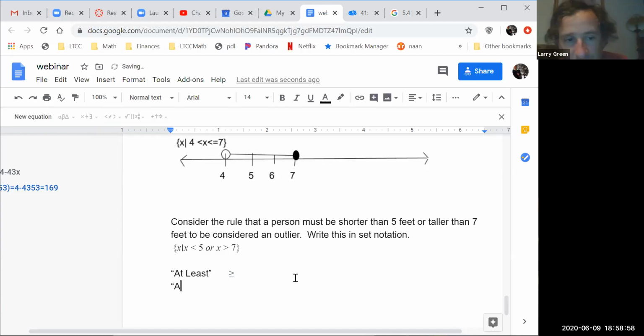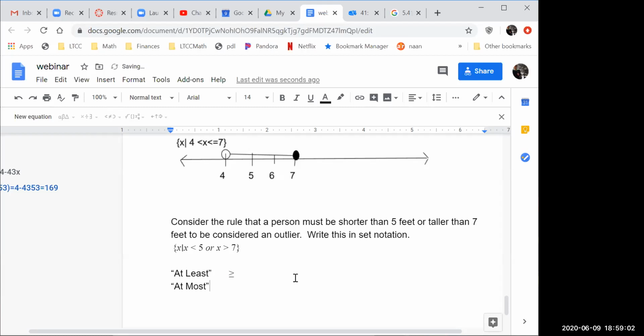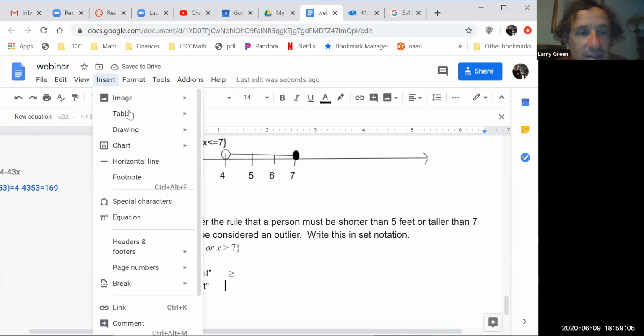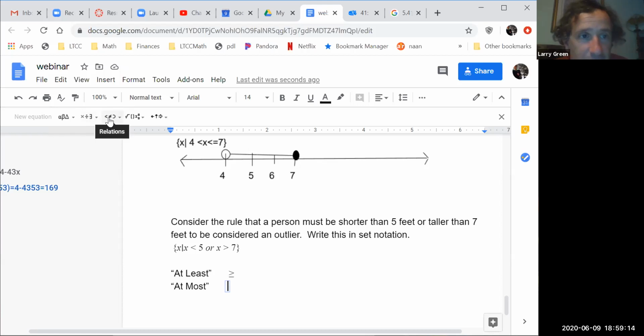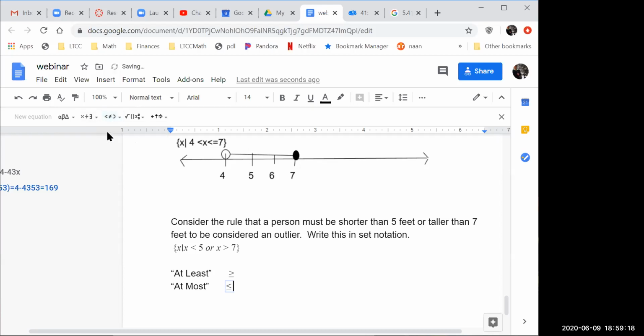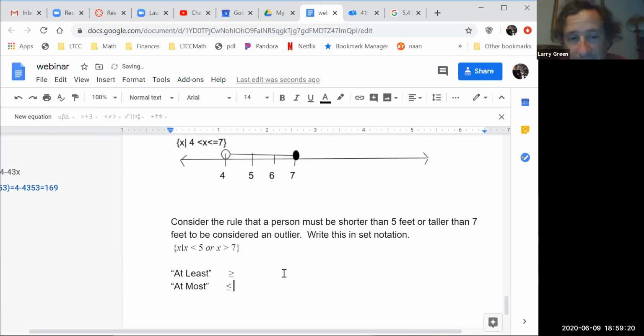How about at most? What's at most? Yeah, that's less than or equal to. So you're going to need to get used to all these to be able to answer some of the questions in the homework.